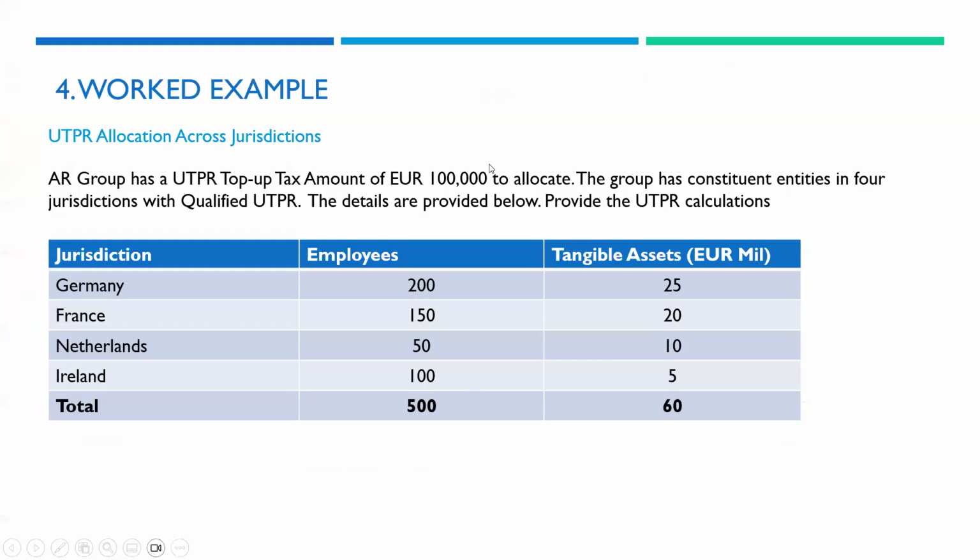Basically, UTPR is all about allocation of that untaxed profit to other constituent entities which have a qualified UTPR status. Is this clear? Are there any doubts? Let's take a moment and ask if there are any issues in understanding. Yes or no? Okay, fantastic. So this is UTPR.